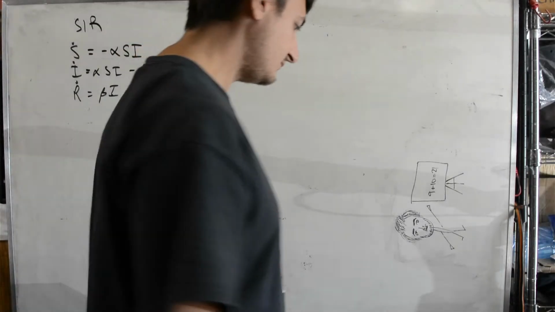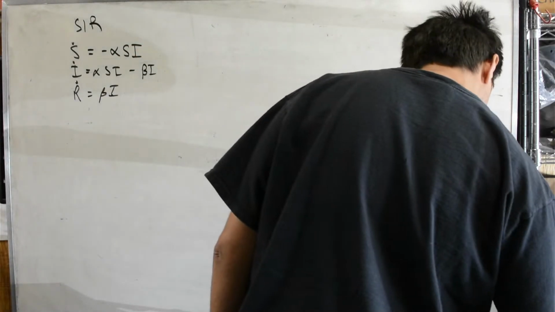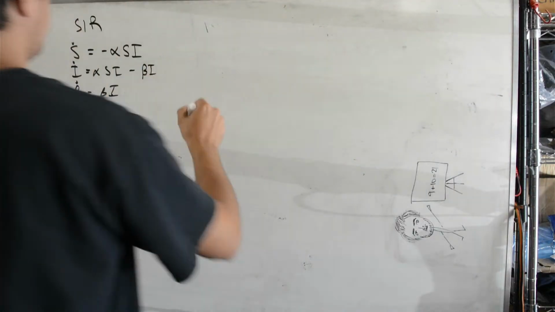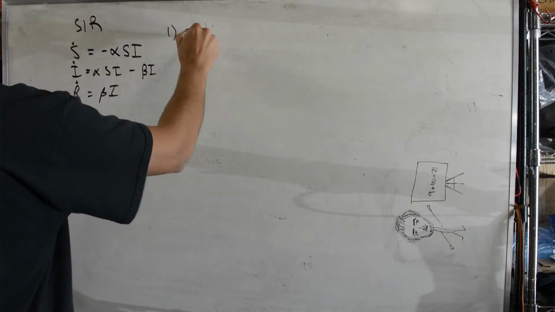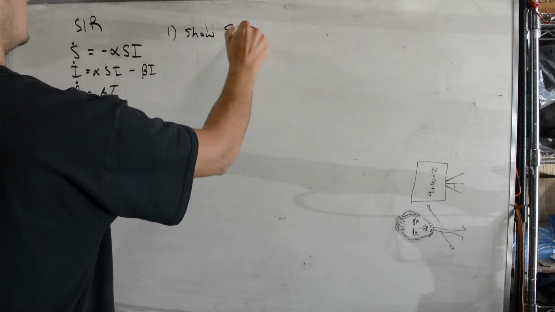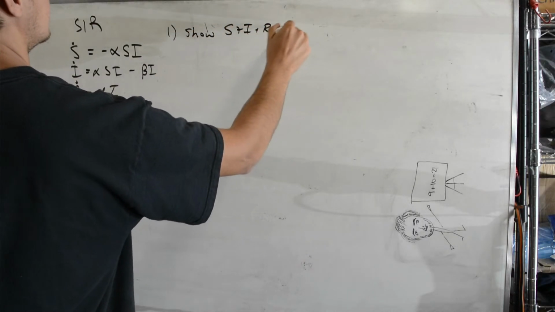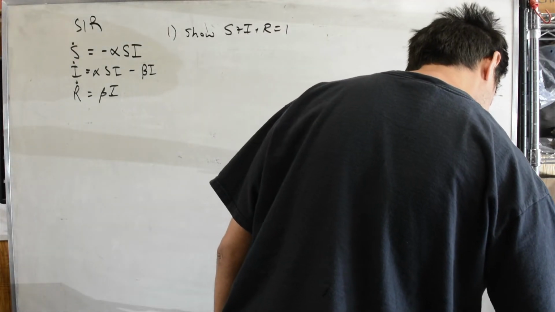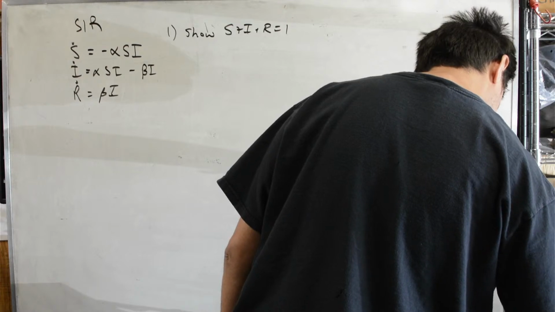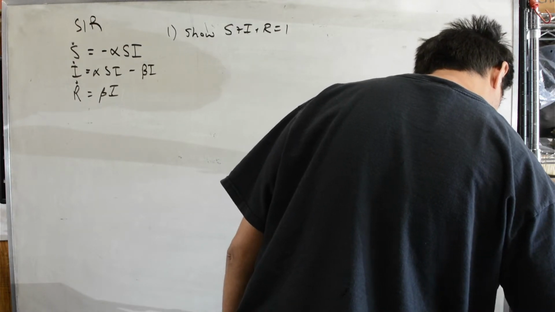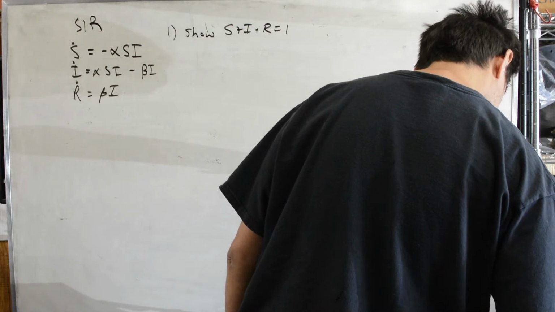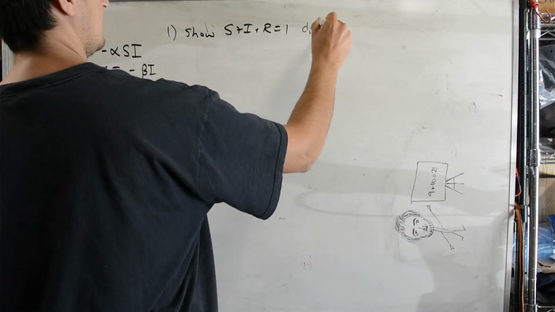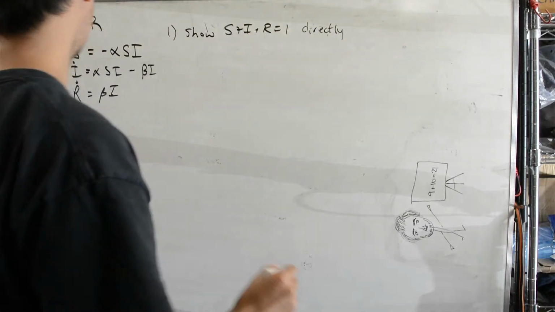Now, problem 1 says, for the SIR model, show that S plus I plus R is equal to 1 directly.